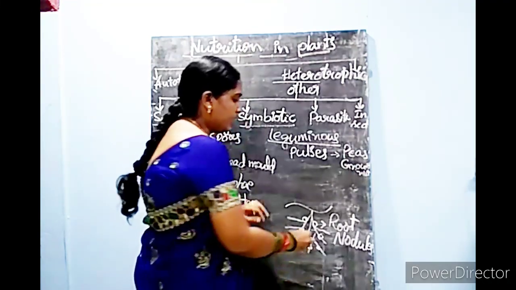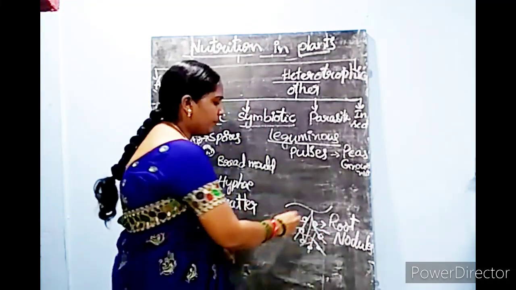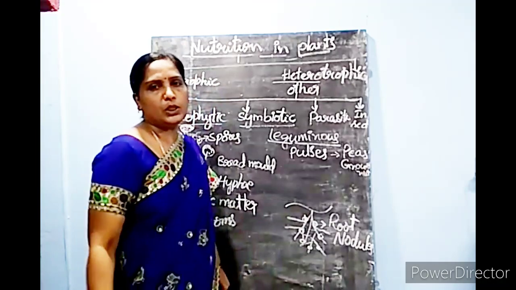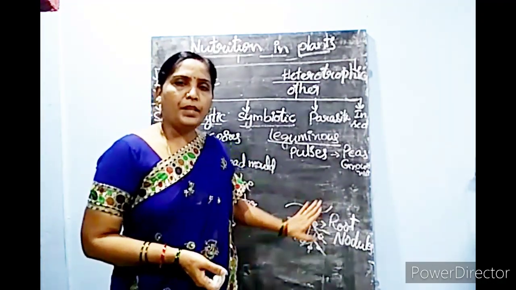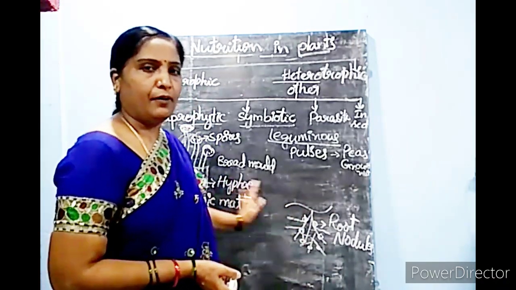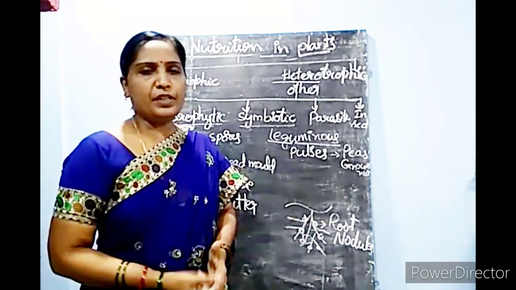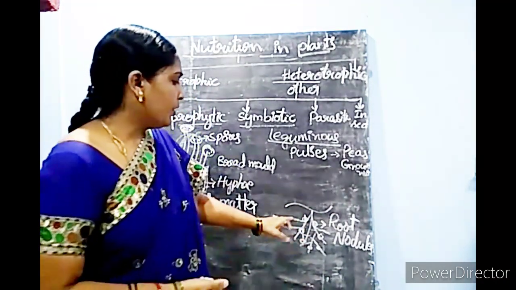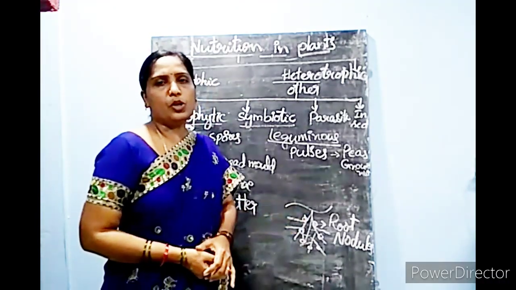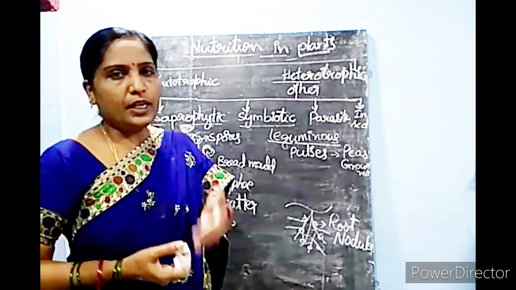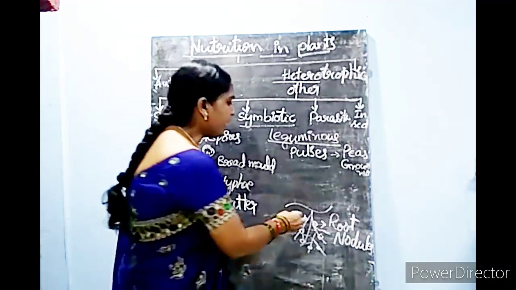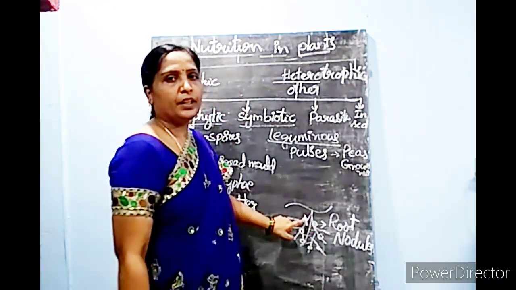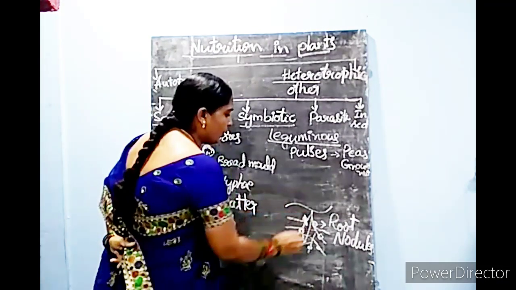When we cut this root nodule slowly and observe it under the microscope, we will definitely do these two experiments when our physical class starts. You can see a bacteria inside this root nodule.